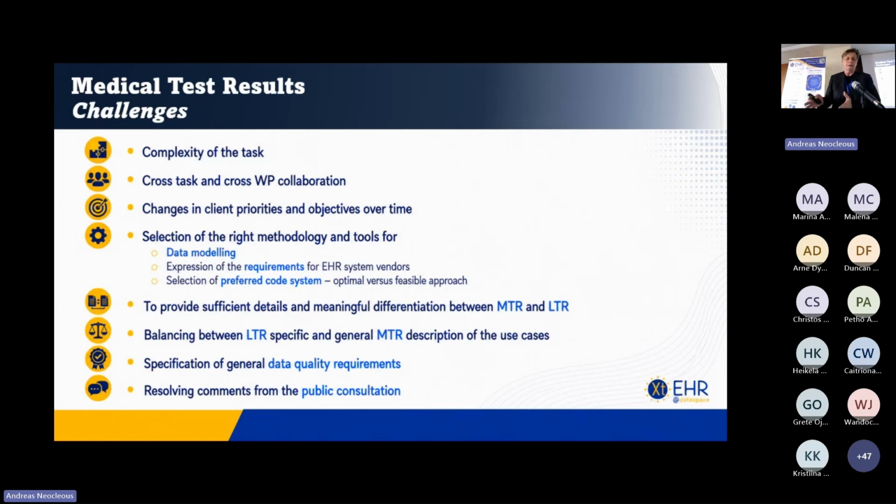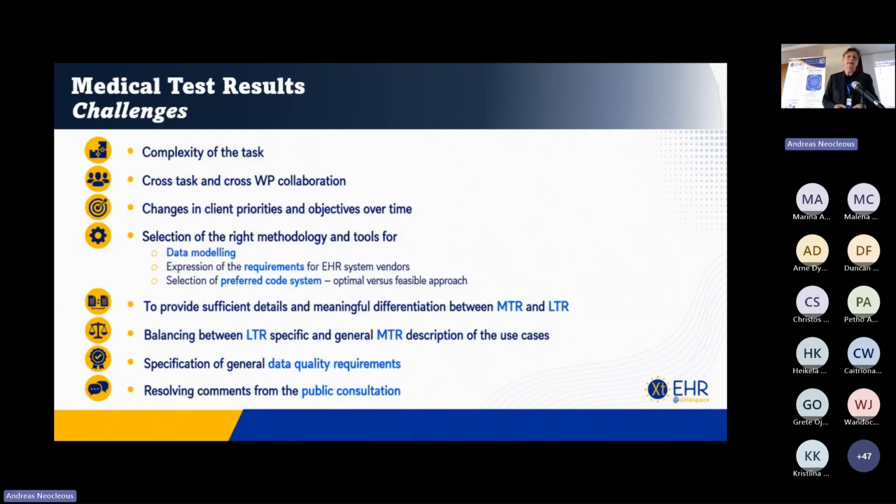So we had to focus rather on the laboratory result reports, but describe it in a way that could be general enough and concrete enough at the same time to be applicable also for other types of reports, like discharge reports from hospitals or ambulatories or patient summaries, for example. So that was another challenge.